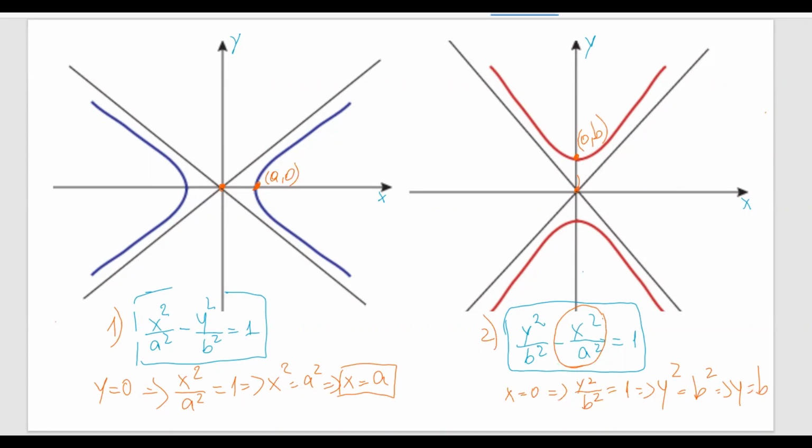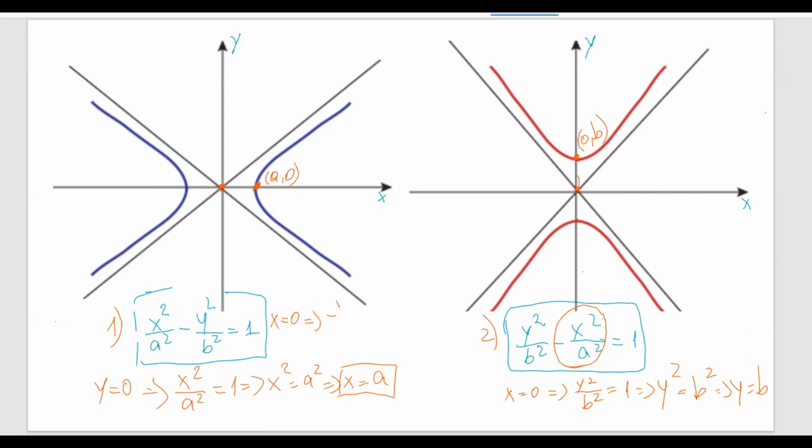Now let's go back to the first hyperbola and see what happens if we set x equals 0. What do I get? This term is going to be equal to 0.